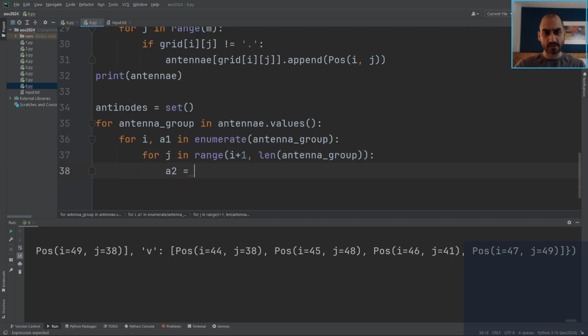A2 equals, I'm sure there's a way of using enumerate, but I forget the parameters you supply to it and I don't want to risk getting the index wrong. A2 equals antenna group J. So that ranges over all unique pairs.